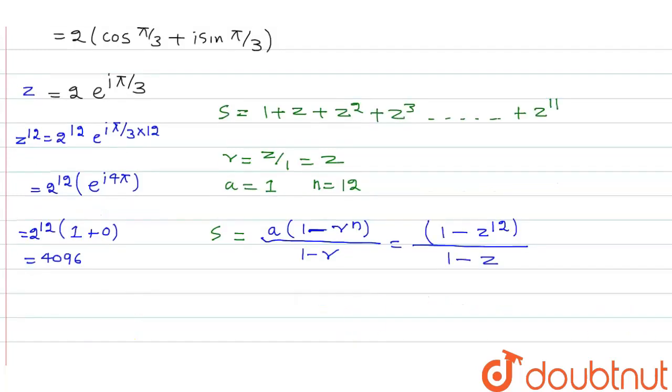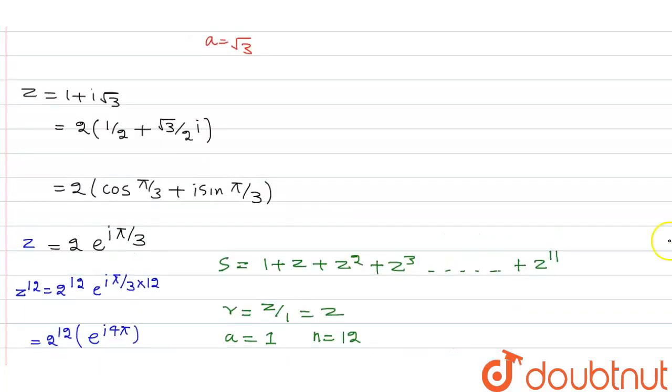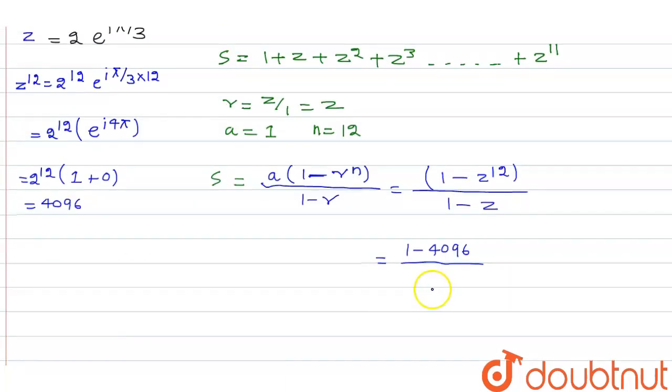Now see this thing. This is (1 − 4096)/(1 − z). We know z = 1 + i√3, so 1 − z is minus i√3. So this becomes −4095/(−i√3).